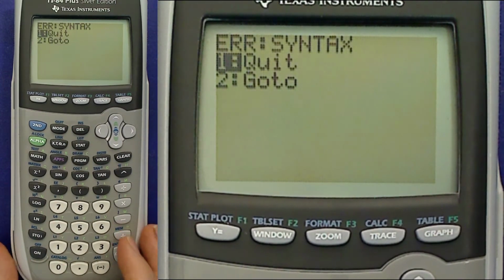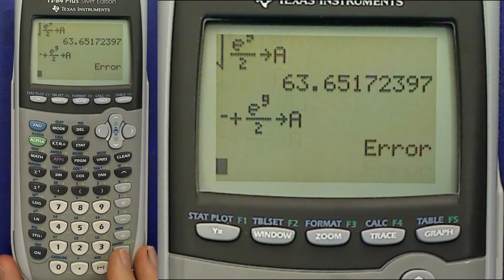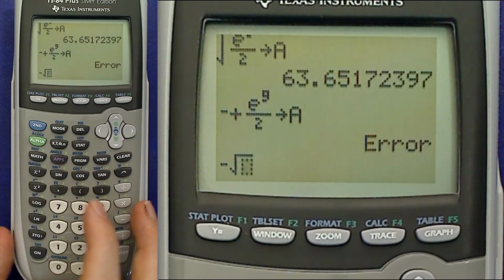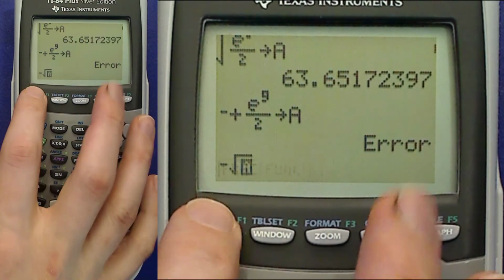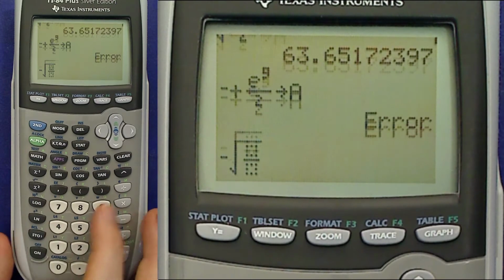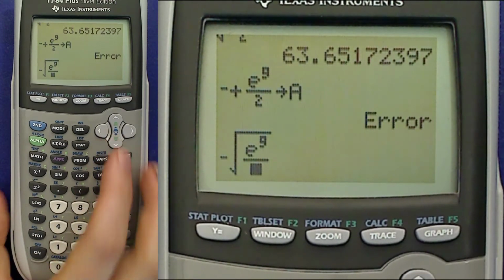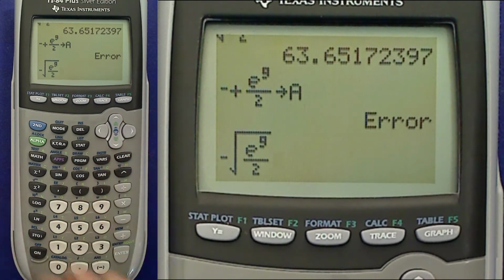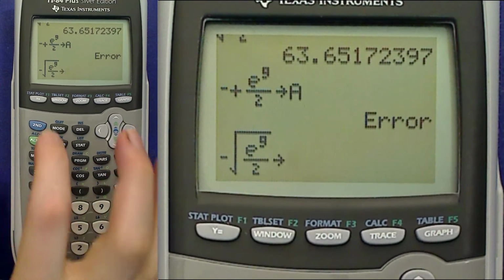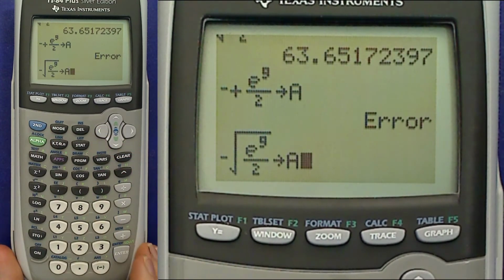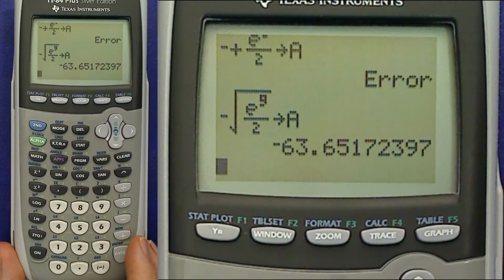All right, let's try this again. Negative square root of fraction e to the 9th over 2, all the way outside the square root symbol. Store that into A. Okay, negative 63.65.